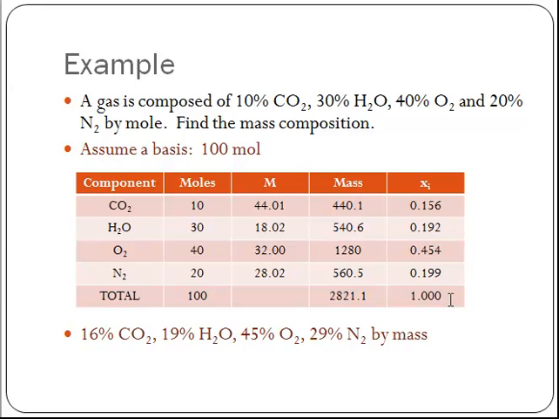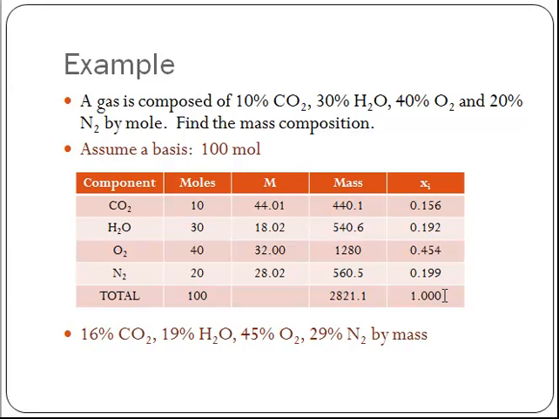I can verify by adding these up. I get 1, and so I have my mass fractions here. Now, if you add these up and you came up with 1.001, or 0.999, if you're off by 1 in the last digit, I would consider it to be close enough to adding up to 1, and the problem would just simply be with round off.